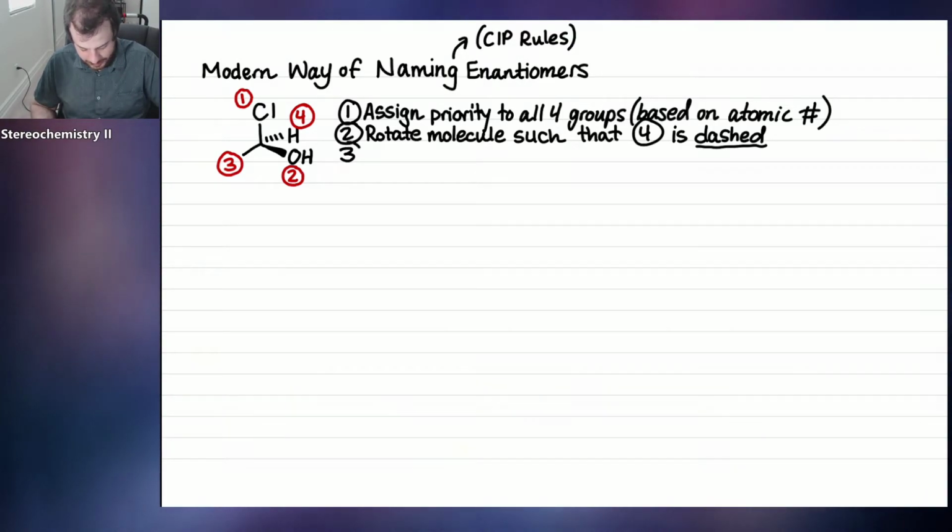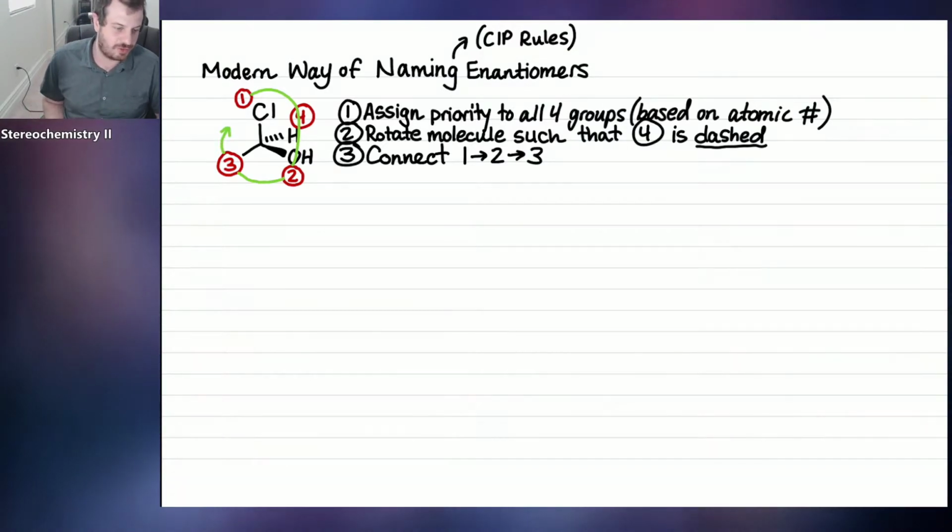Step 3, connect 1 to 2 to 3. So I just take my pencil and I draw a line connecting 1 to 2 to 3. And can you see that it makes a circle? And can you see that the circle is going clockwise?